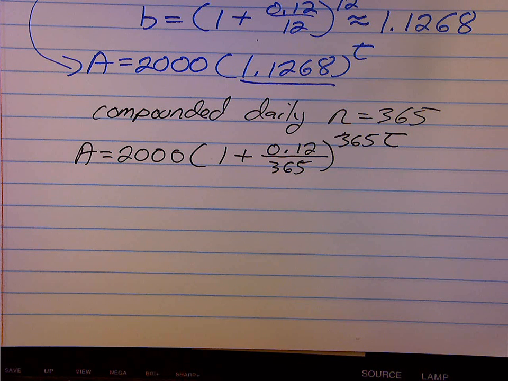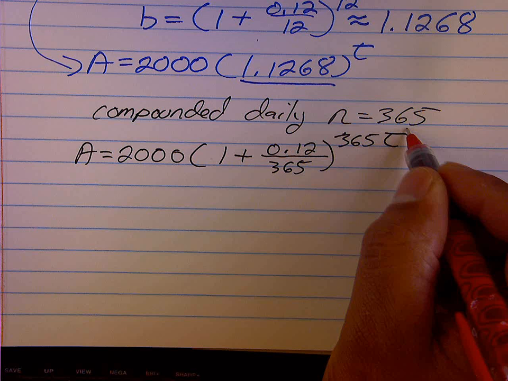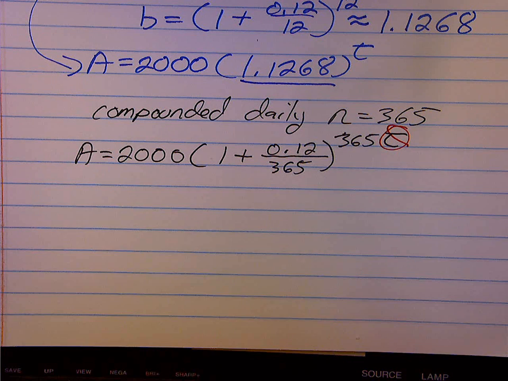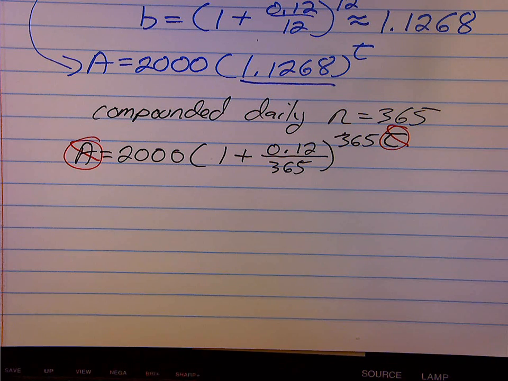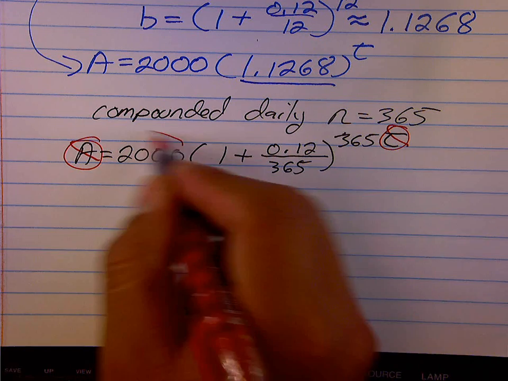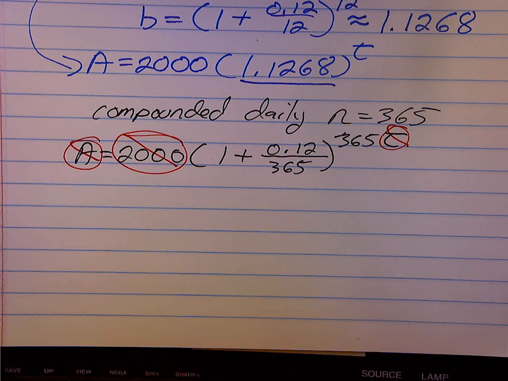I eliminate everything that's not the factor. The input variable t is not the factor. The output variable a is not the factor. The initial value 2,000 is not the factor. So what is the factor?